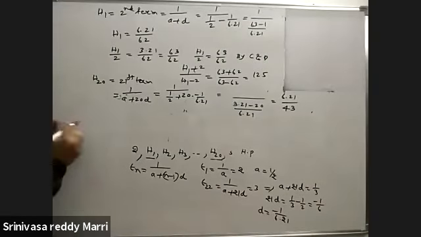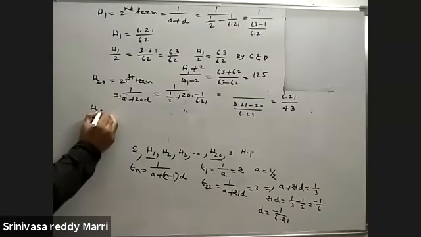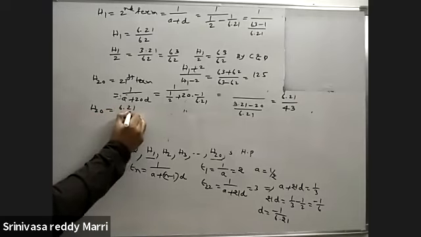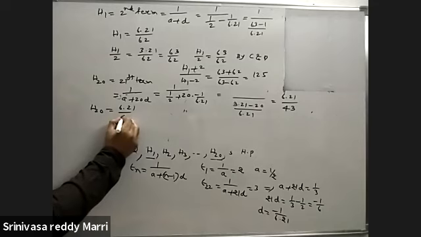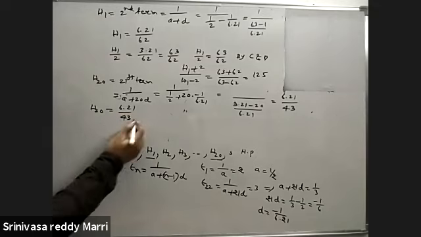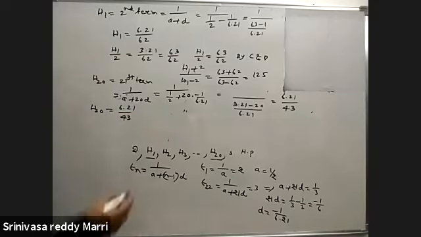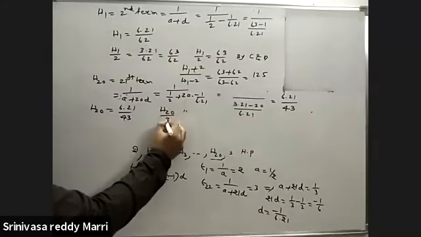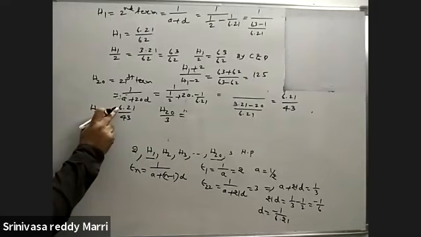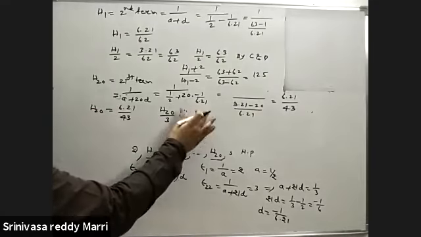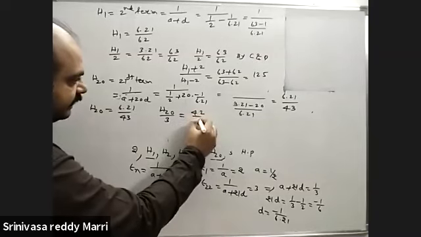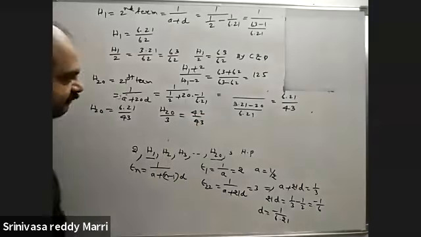So H20 I got 6 into 21 divided by 43. Now H20 plus 3 by 3, I am bringing this side. H20 by 3 equals to, here 3 will be remaining. So here 3 I brought this side. 2 into 21 means 42 divided by 43.